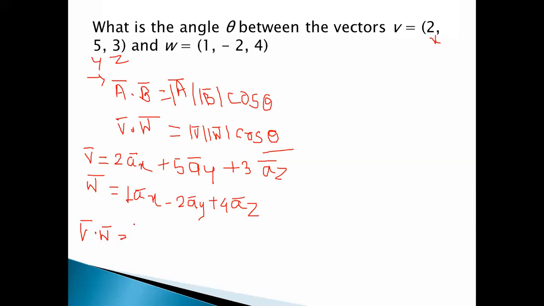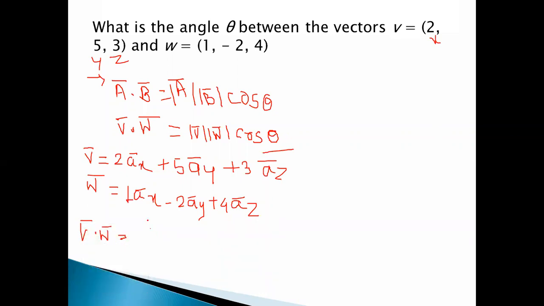So take simply the dot product. Write these two vectors and tell me the dot product here. All of you, write these two vectors in dot product form and lastly tell me the answer.